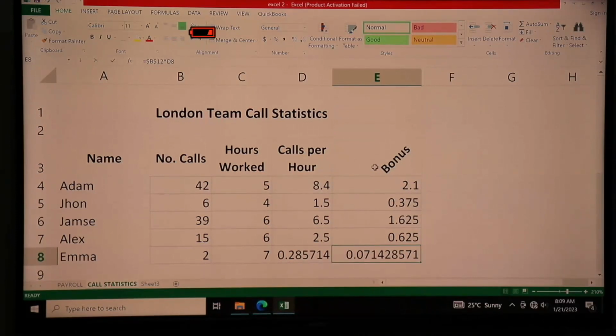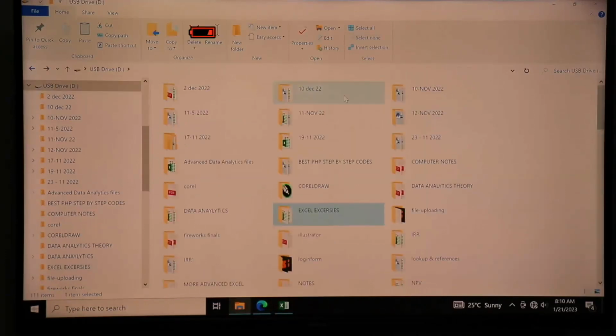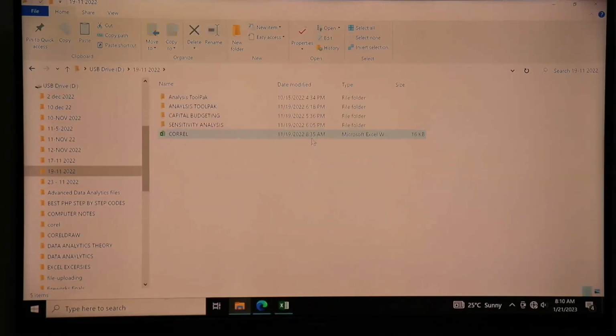There are situations whereby you cannot do without absolute referencing. Some situations you will see later, when we'll be doing sensitivity analysis and scenario analysis. There are certain situations whereby you will not actually achieve the final results without that absolute referencing technique.